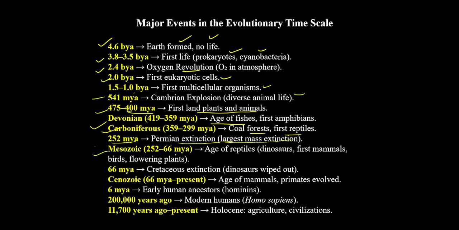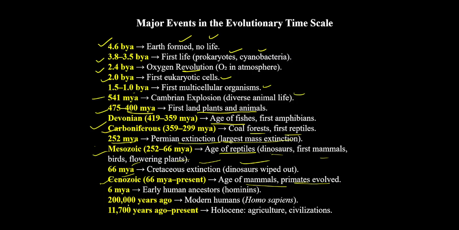Then the Mesozoic, which was the age of reptiles. Dinosaurs, first mammals, birds, flowering plants were there. 66 million years ago, Cretaceous extinction occurred. Dinosaurs went extinct. Then the Cenozoic era, which was the age of mammals.